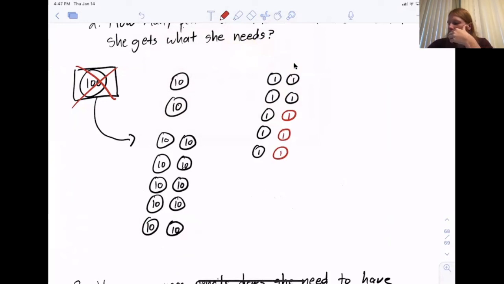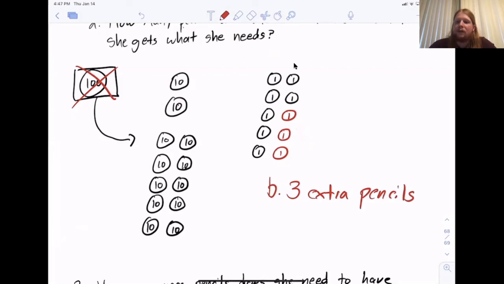So these 3 pencils in red are going to be the pencils that she didn't use, okay? I kind of gave the answer, but that means everything in red is going to be an extra pencil. So there are 1, 2, 3 extra pencils. So for B, there are 3 extra pencils.